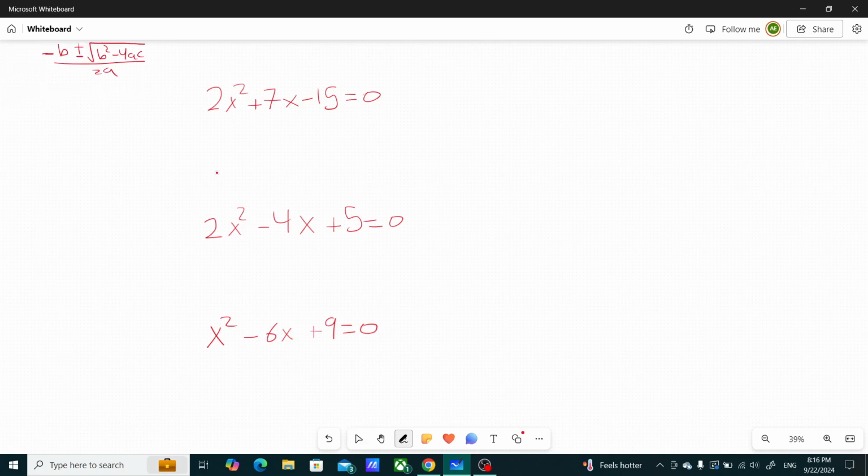Negative b, my b is 7, so it's negative 7, plus or minus the square root of b squared, which is 7 squared, minus 4 times my a, which is 2, times my c, which is negative 15, all over 2 times my a, which is 2.